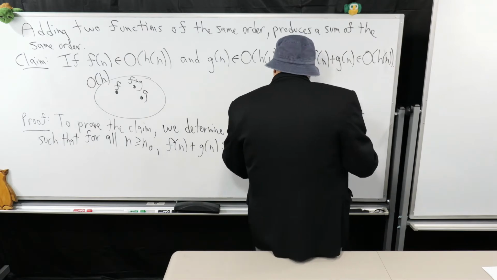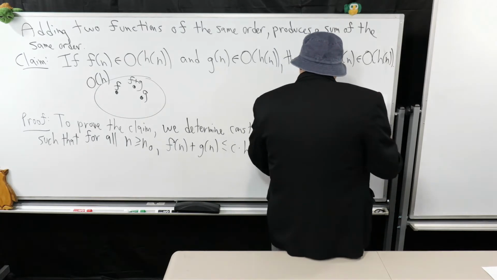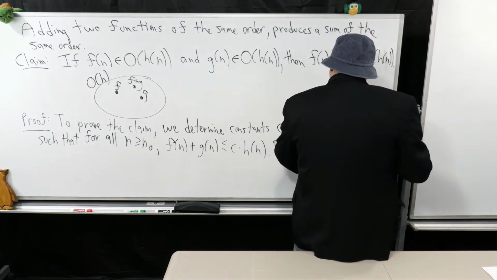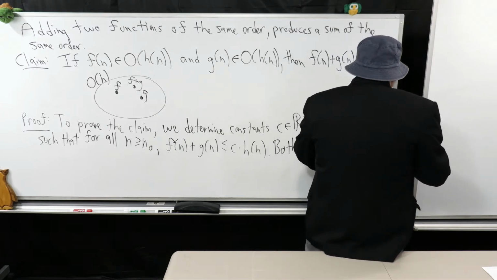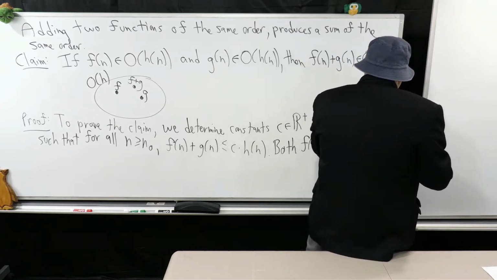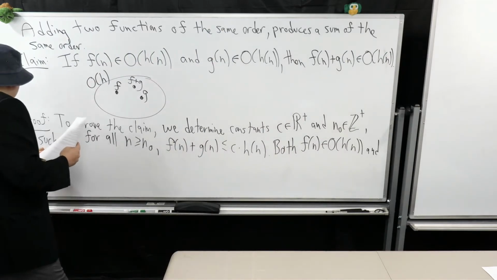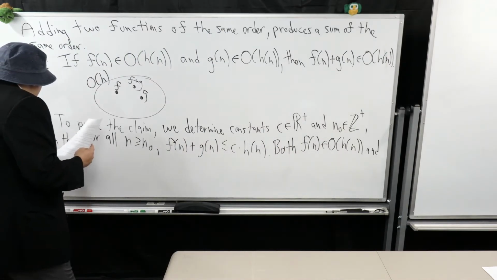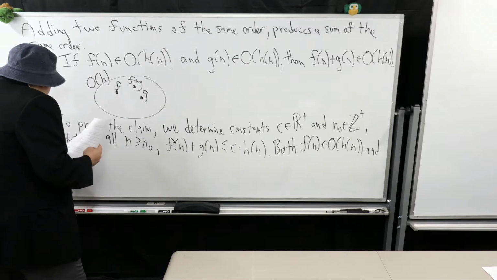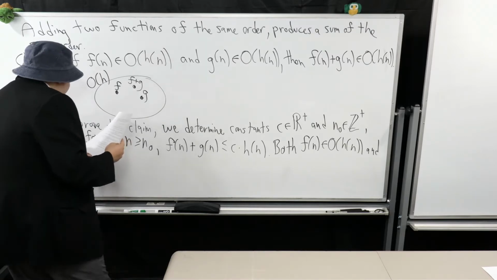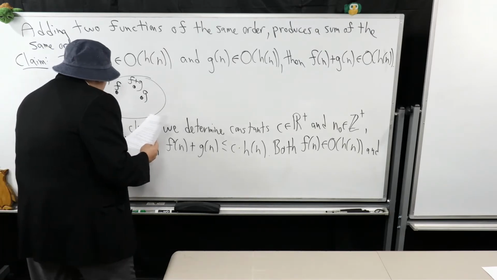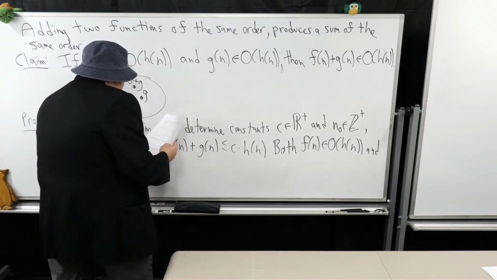So both F is big O of H and G is big O of H, implying the what? What does that imply?